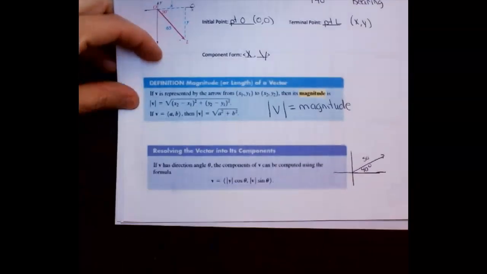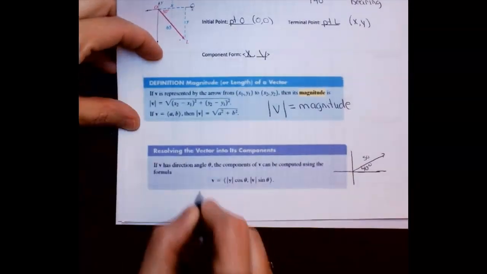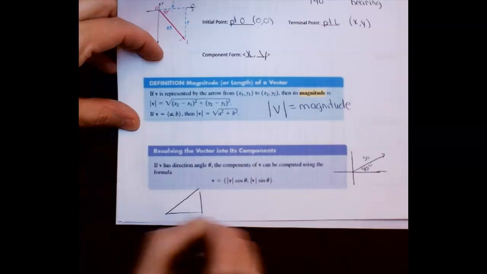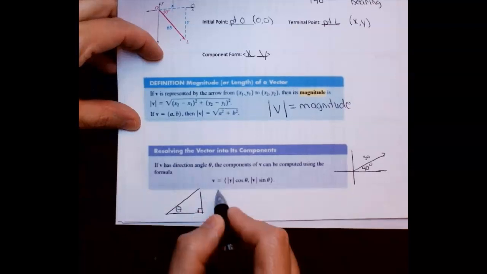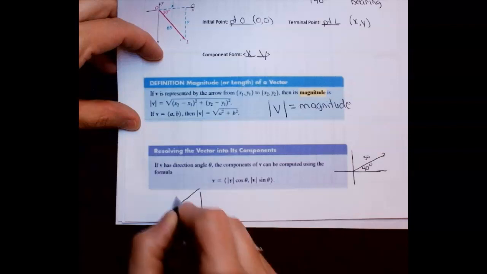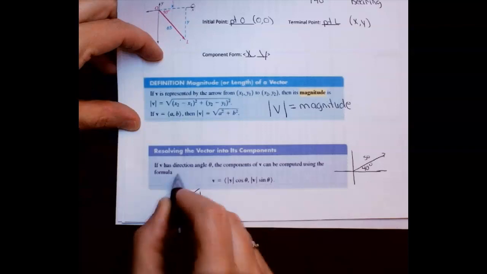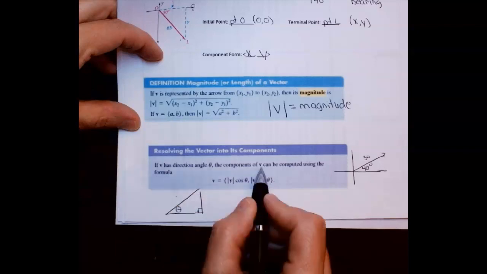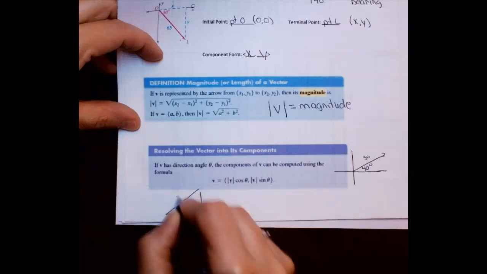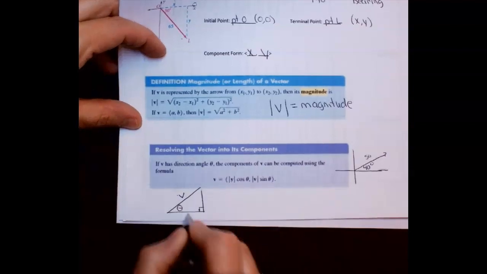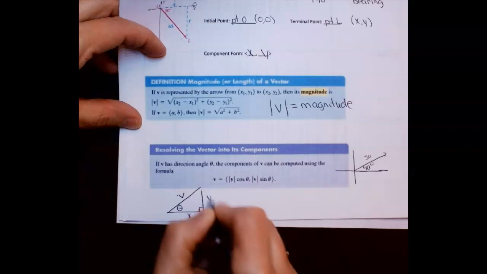And actually, let's take it one step further. This is one of those we probably could quickly derive for you. So let's go ahead and do that down here. In other words, if this was theta and this was our magnitude, V, and I'm looking for x and y, which would be the components.